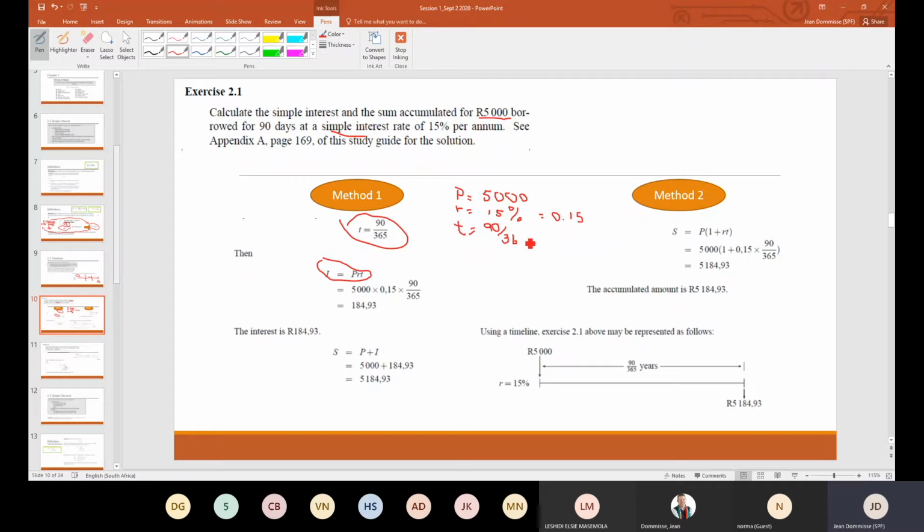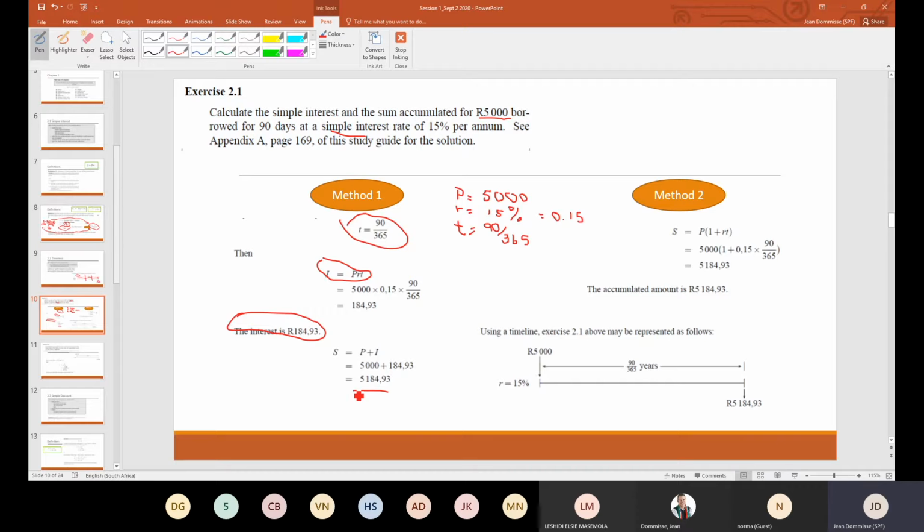Okay, so let's see what they ask us. They ask us to calculate the simple interest and the sum accumulated. So basically, first we need to calculate the interest, and then we need to add that interest to the original value to get the future value.